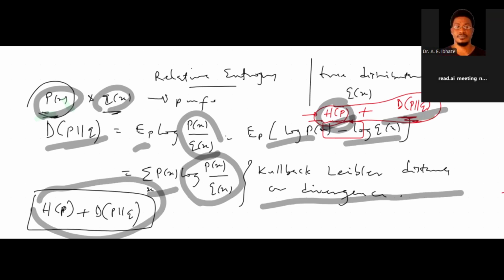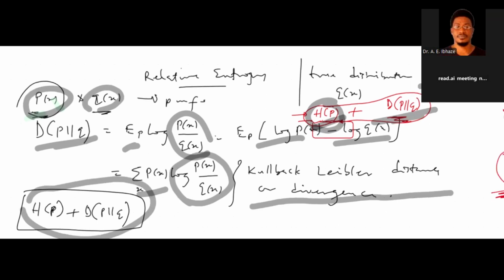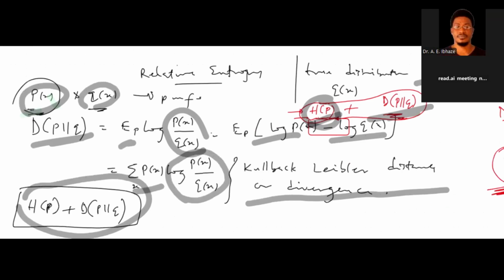Now, we're saying that we have two probability mass functions, P of X and Q of X, and the true distribution is P of X. But unfortunately, there is another distribution here, which is Q of X. When we get to source coding, we'll begin to talk about the average description length, to be able to tell the efficiency of that code.